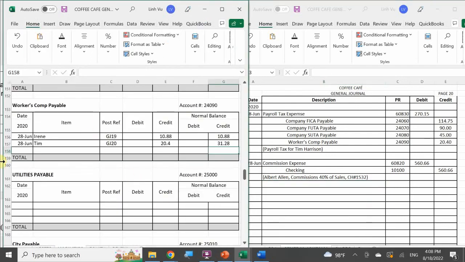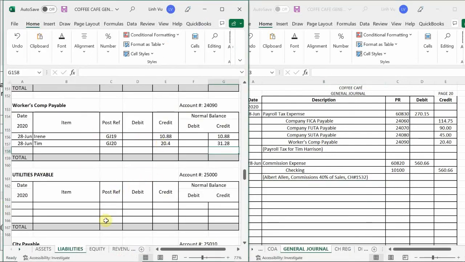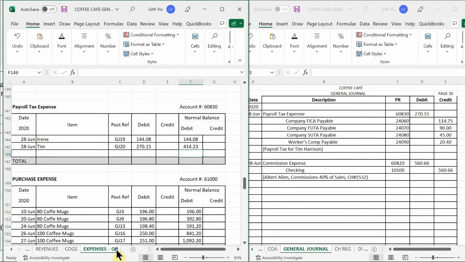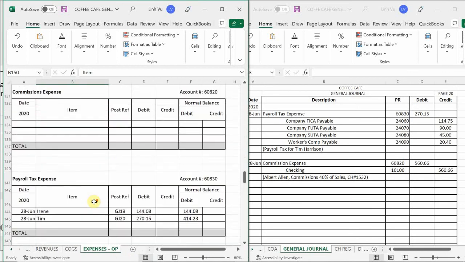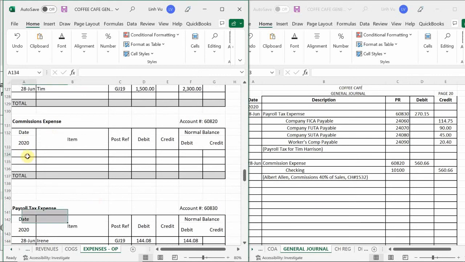So here we're going to be diving into, once again, another operating expense. This time it is to the commissions expense, for the $560.66.